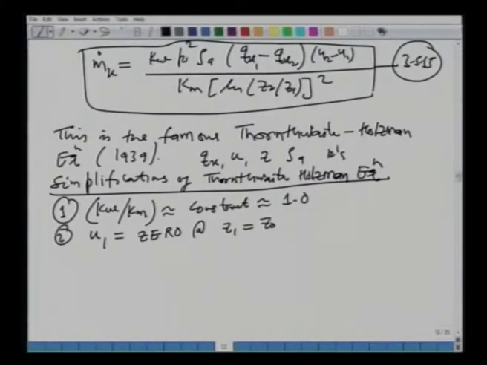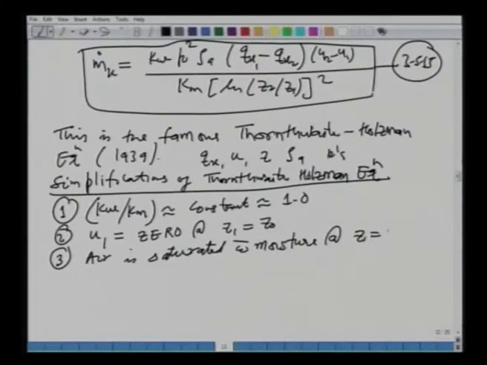Number 3, so that the U1 will vanish from this equation, we say that the air is saturated. This is another simplification or assumption that air is saturated with moisture at Z1 is equal to Z0. Close to your water body, you are trying to find out evaporation from a lake or from a reservoir.